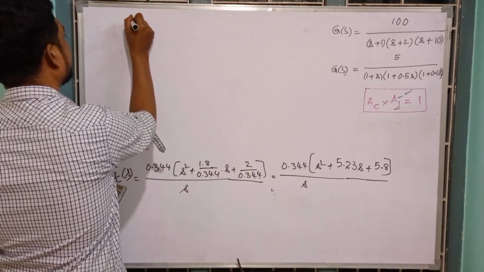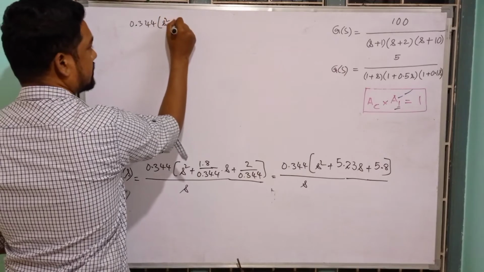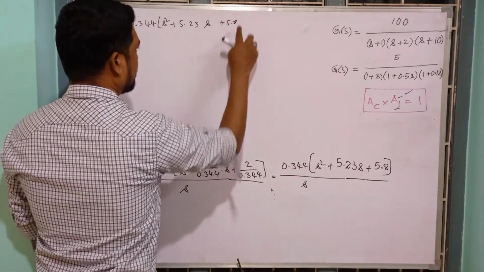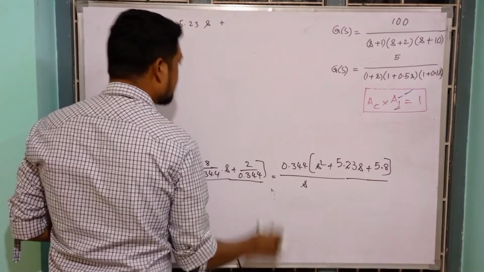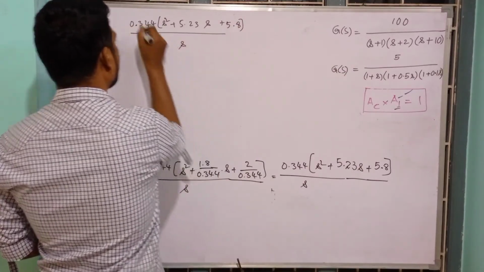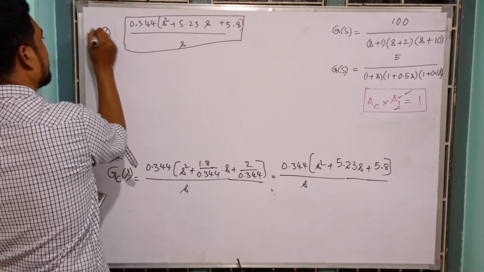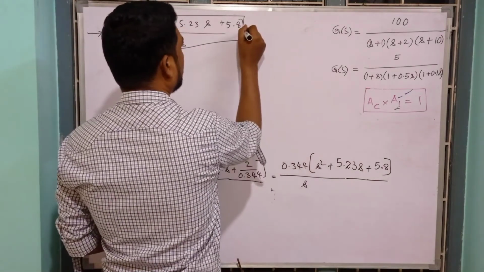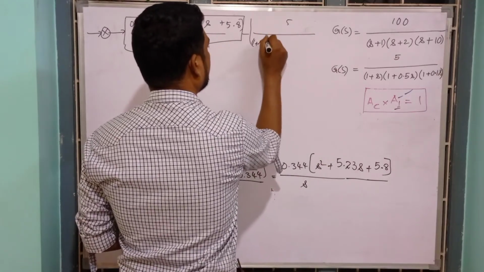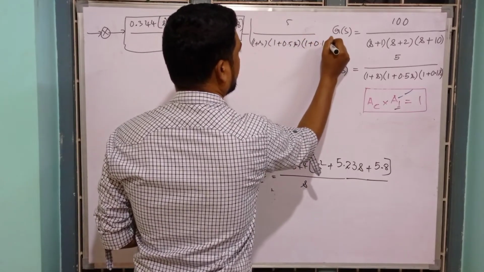The compensator comes over here, 0.344 into S square plus 5.23 S plus 5.8, a bigger bracket please, close the bracket, by S. Guys, this will be the compensator which has to be introduced to meet the required specification, and the open loop transfer function comes as it is: pi by, from here, 1 plus S into 1 plus 0.5 S into 1 plus 0.1 S.